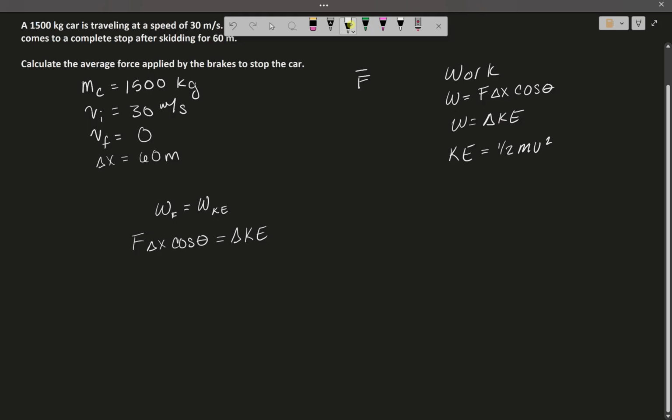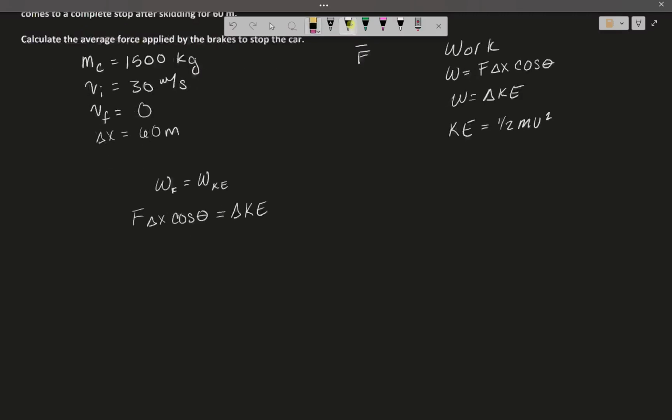is equal to my change in kinetic energy. One thing I want to think about is, with work, this theta, the angle, is the angle between the force and also the change in position. So the next thing we want to think about is this cosine of theta. What's our angle?